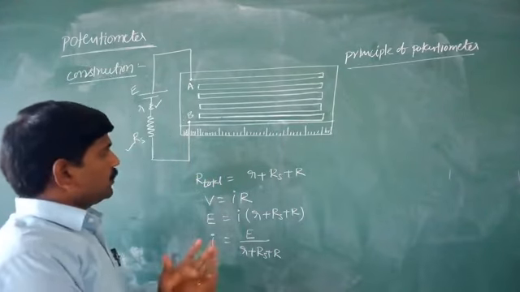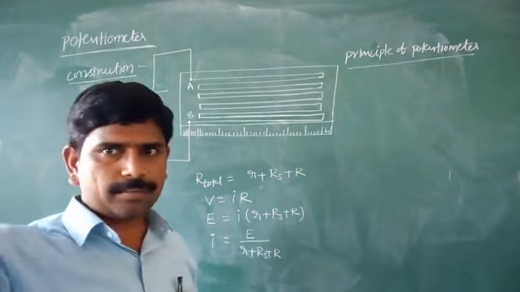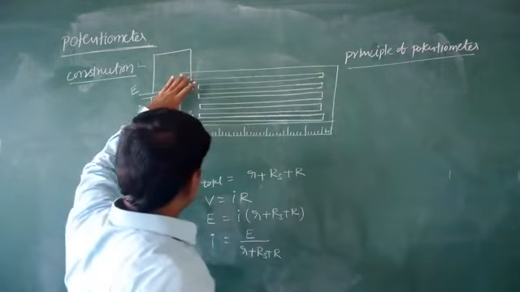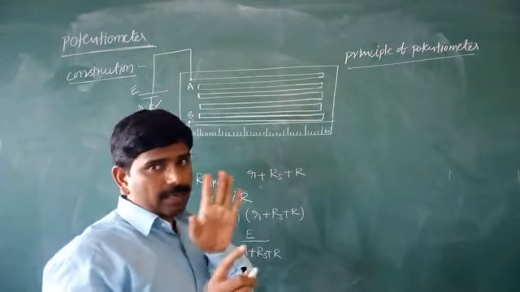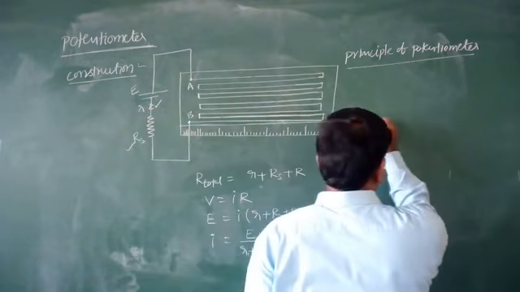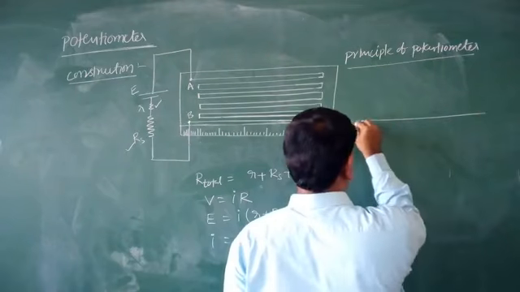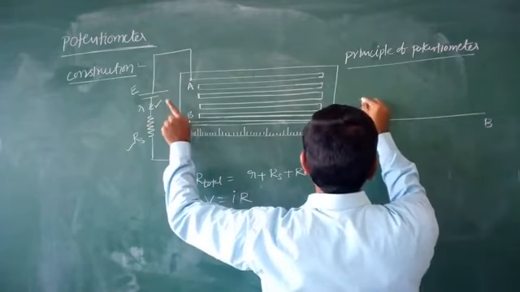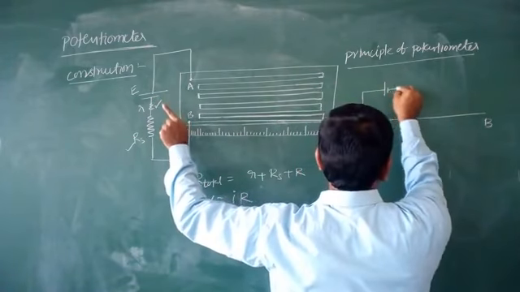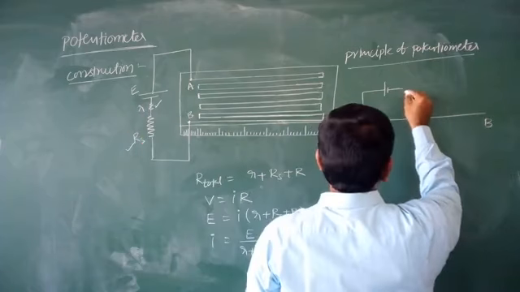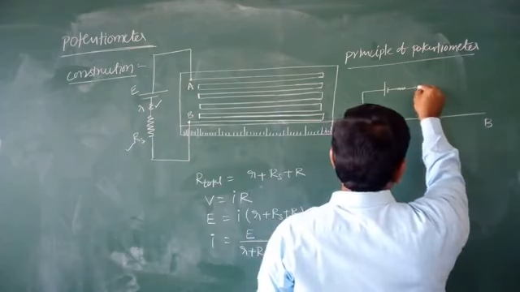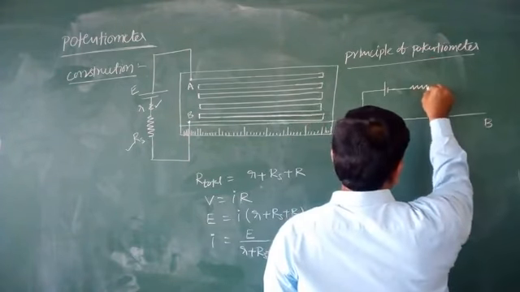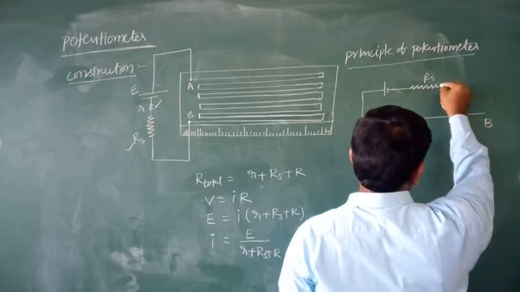I will draw one more circuit diagram. Here I represent the total AB as a single wire, the potentiometer wire. This is connected to the battery having EMF E, and this is the series resistor Rs.